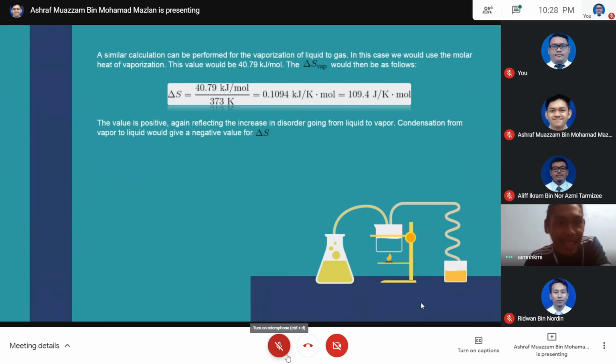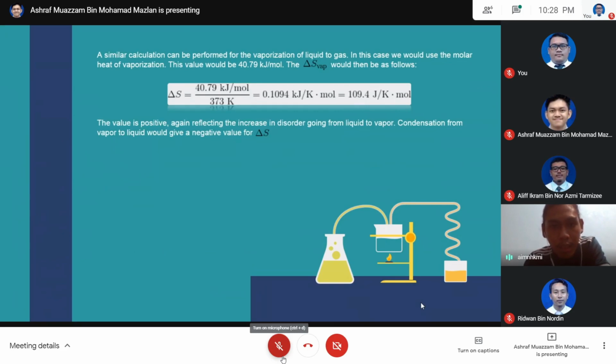a similar calculation can be performed for the vaporization of liquid to gas. In this case, we will use the molar heat of vaporization. This value is 40.79 kilojoule per mole.